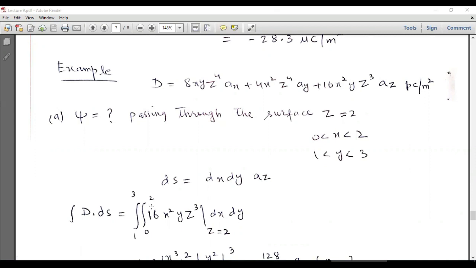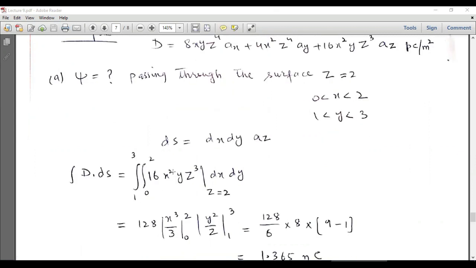So D dot dS can be evaluated easily, and dS has all three components but only the z component will be considered because ay dot az will be equal to 0 and ax dot az will also be equal to 0. So we will just integrate this third component, 16x squared yz cubed dx dy.